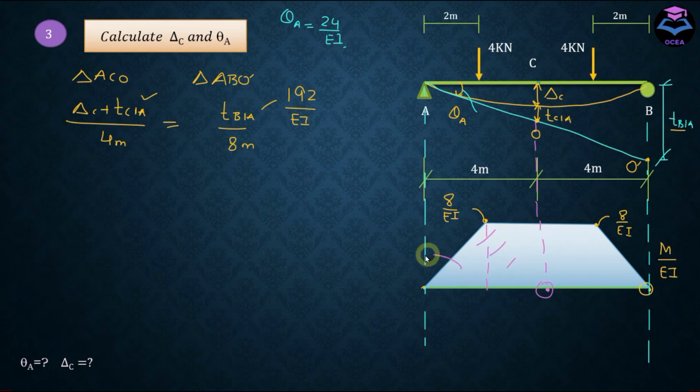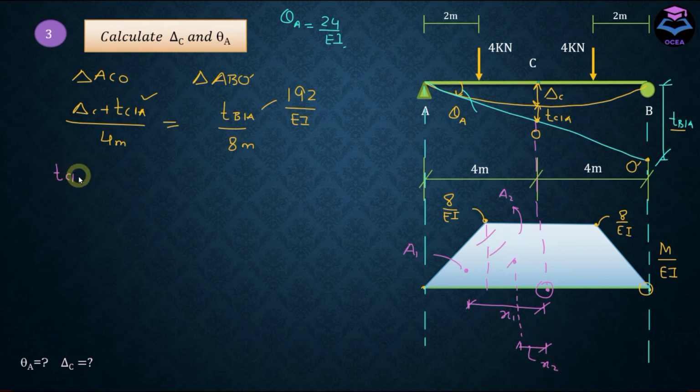And let's call this triangle as A1, and area of this rectangle is A2. Let's call the moment arm of this triangle with respect to A point as X1, and moment arm of this rectangle as X2.